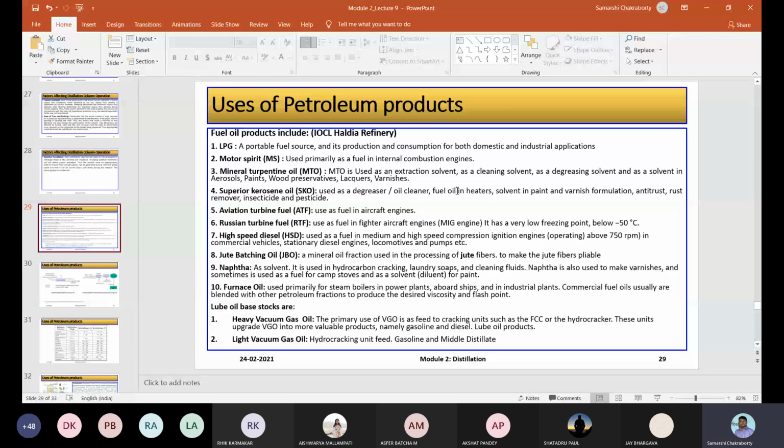If I consider a fuel to be used in an aircraft engine, what property matters? Pour point, sir. Yes, pour point, because at a very low temperature, if I want to run my engine, I have to focus on the pour point itself.